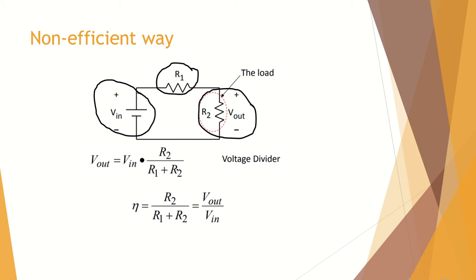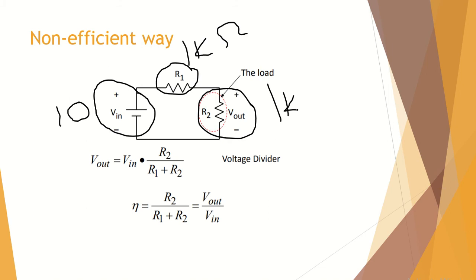So this is also an inefficient way of making a buck converter. For example, if you have 10 volts and you connect 1 kilo ohm in series with 1 kilo ohm, how much voltage will you get?